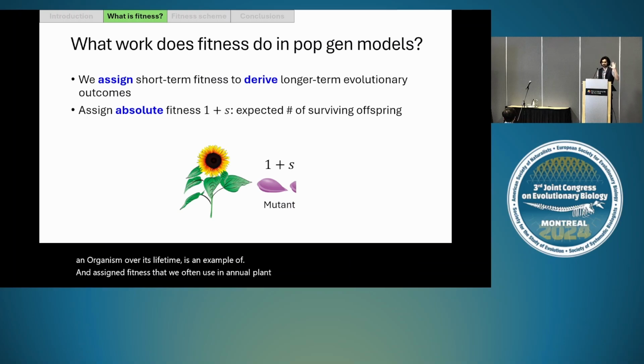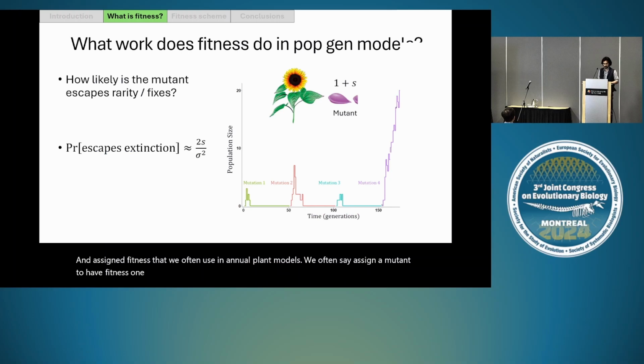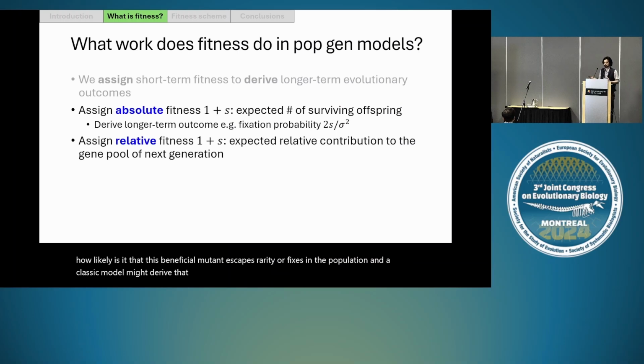We often assign a mutant to have fitness 1 plus S. And with this assigned short-term expected fitness of 1 plus S, we might ask how likely is it that this beneficial mutant escapes rarity or fixes in the population. And a classic model might derive that probability. Or similarly, we might assign relative fitness 1 plus S, which depicts the relative contribution to the gene pool of an allele.